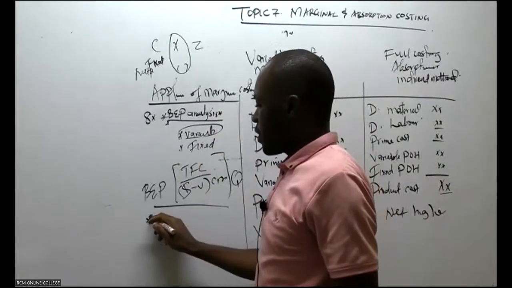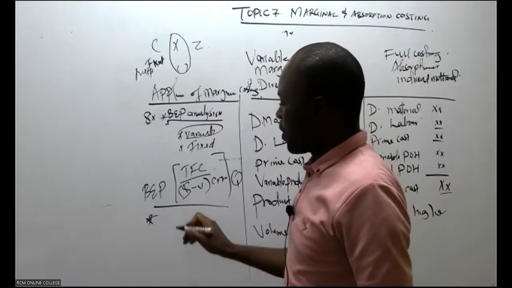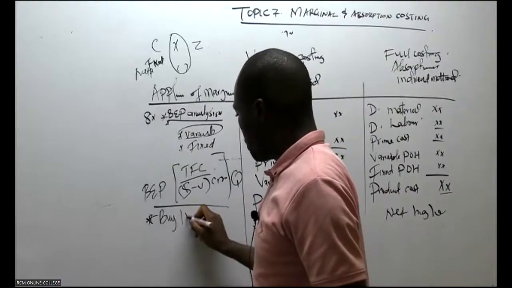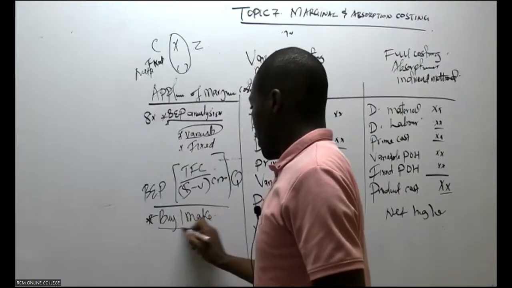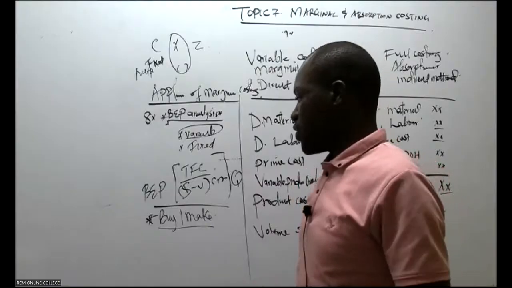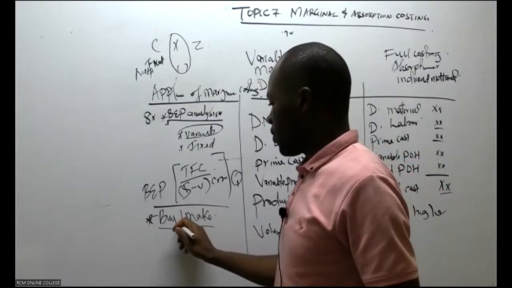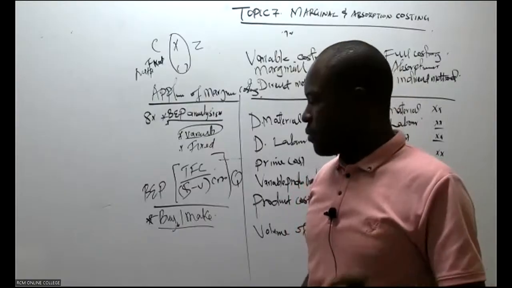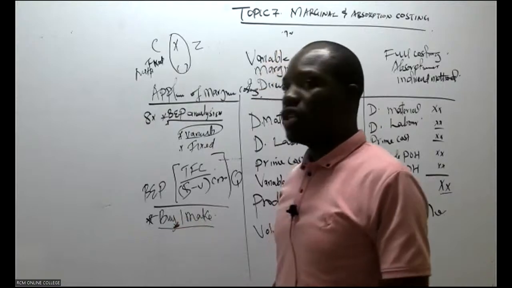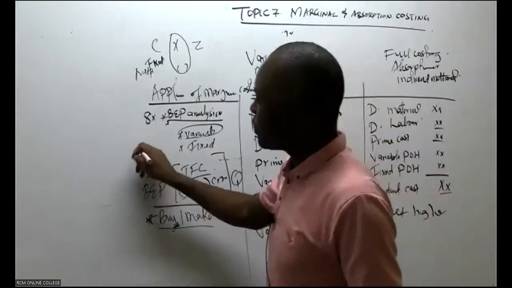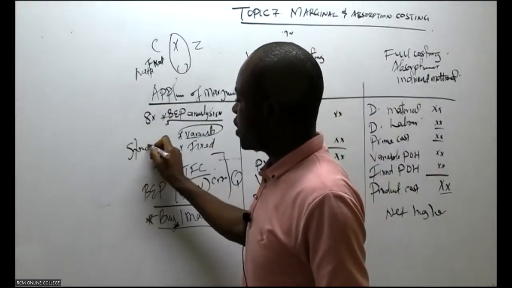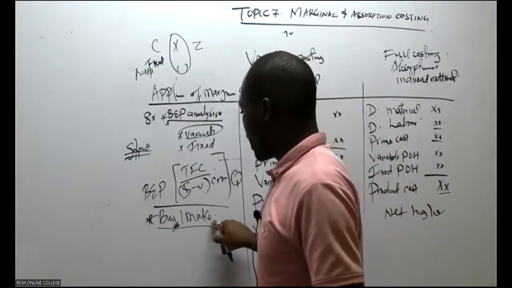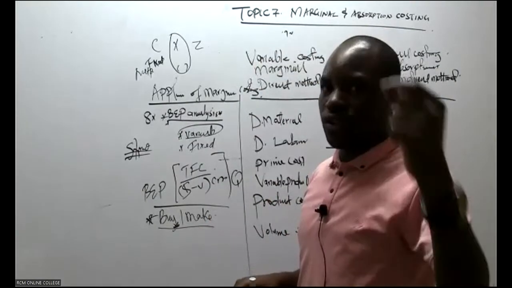There's also a company that has to decide whether to buy or make. They are stuck in between buying or making. Of course, if they're going to buy, they're going to outsource. If you outsource these goods, there are some costs that you cannot avoid. If you decide to buy, you're going to incur the transportation cost. You bring them to the warehouse, so the storage cost within the warehouse, you have to pay that, whether you are going to make your own product or you are going to outsource.